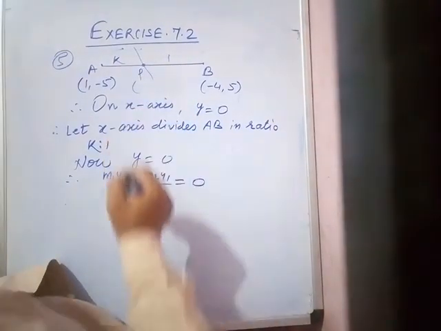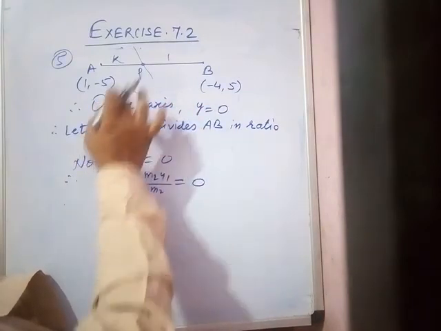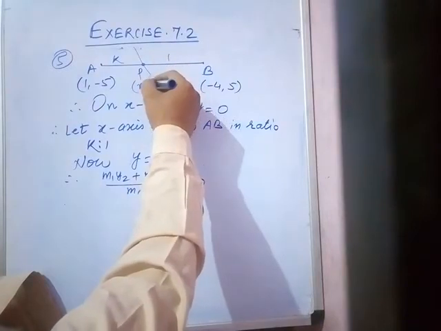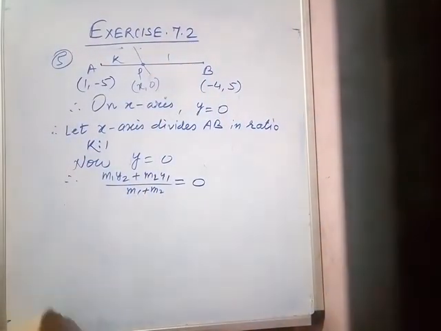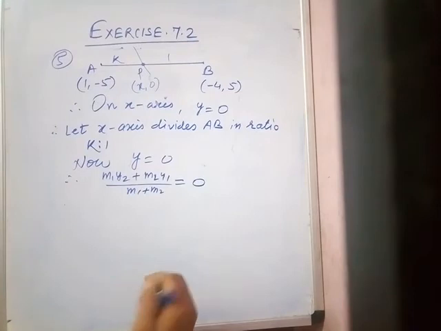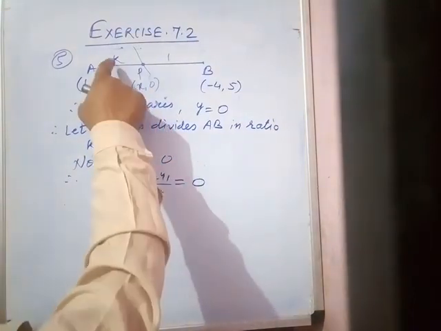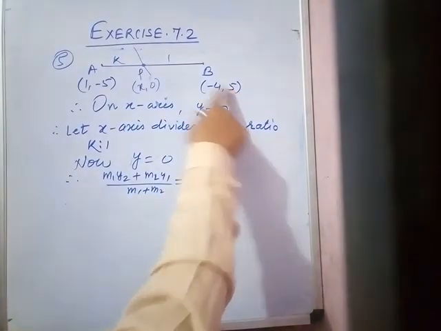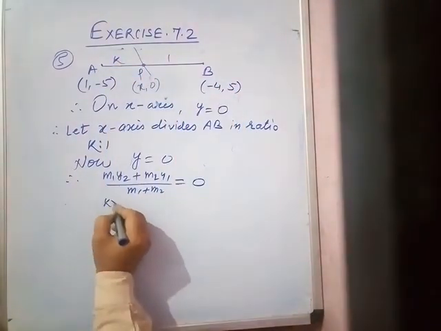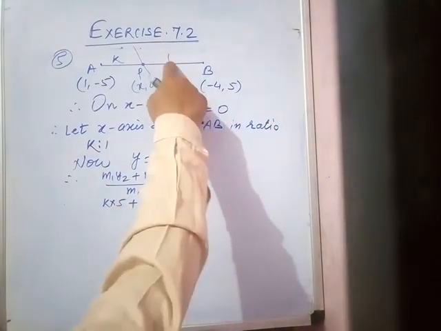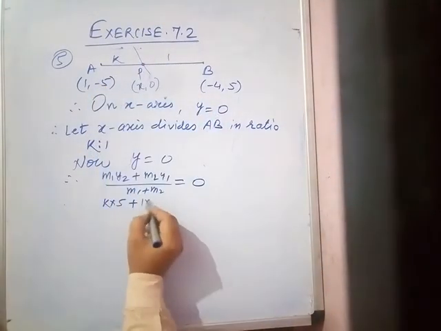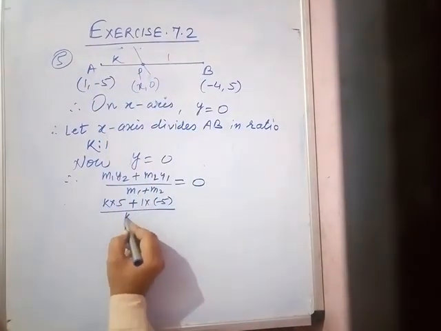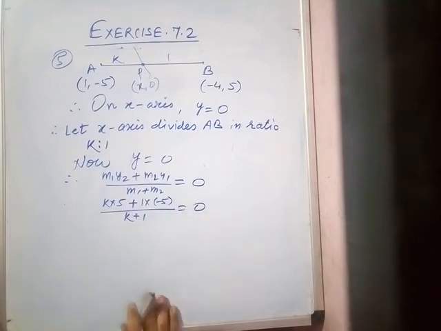Since it is divided by the x-axis, the x coordinate is something, but the y coordinate is 0. Now put the values: k into 5 plus 1 into minus 5 upon k plus 1 equal to 0.